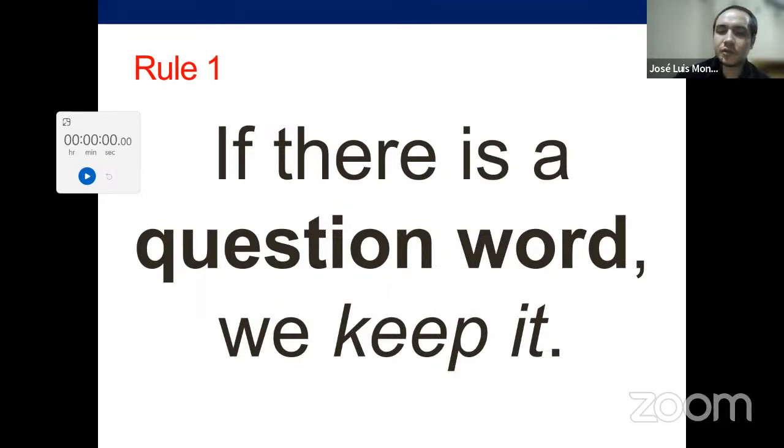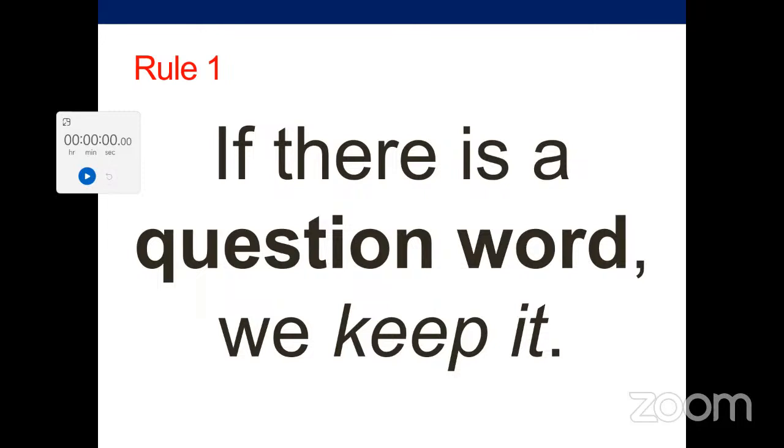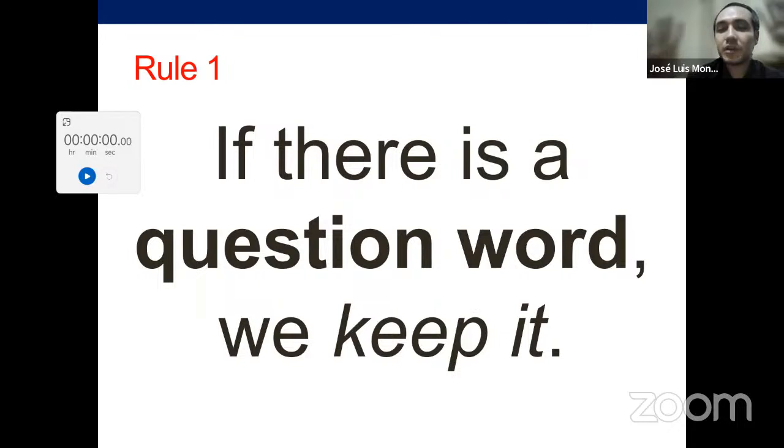What example can you give me of a question word? Question word. Yes, in one question, we can have a question word, or sometimes we don't have a question word.